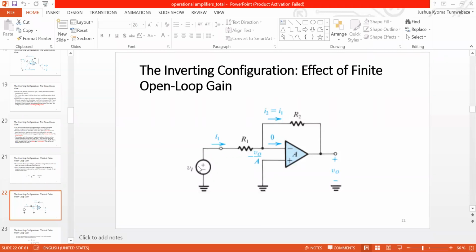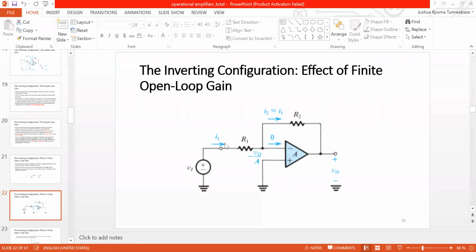So we can now determine the current I1 like we did in the previous case. It will simply be VI minus negative V0 over A, divided by R1. You can write that down.